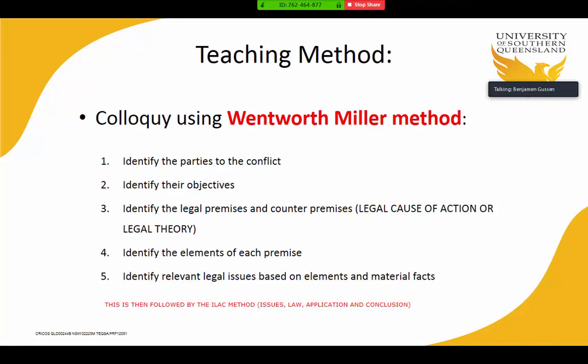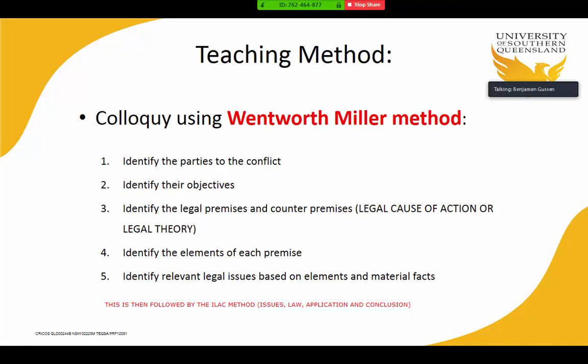So you are trying to attack the person, the defendant. The defendant will push back by saying, in fact, there is a counter premise. I have a defense, like contributory negligence or voluntary assumption of risk. We'll talk about that in more detail. But this is what we mean by premise and counter premise.